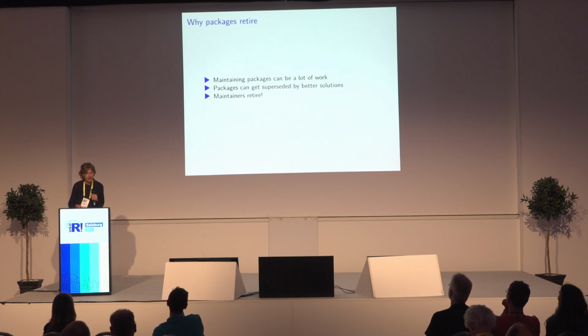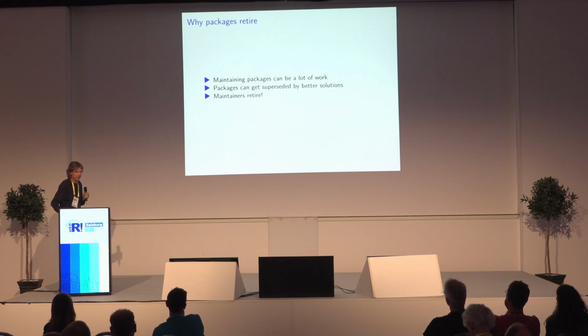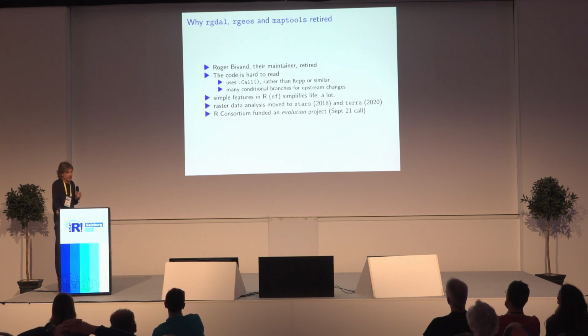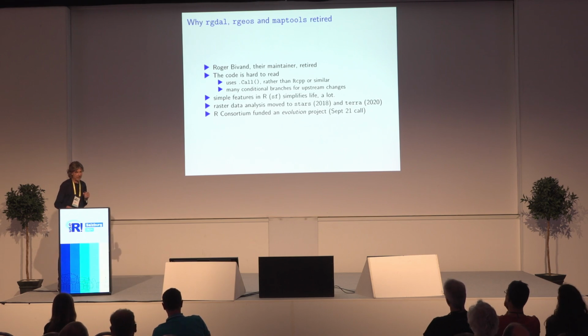So why we retire these packages is that it can be a lot of work to maintain them. Packages can get superseded by better solutions. At some stage you need to tell people you better use this than that. And maintainers retire. Roger Bivand retired a few years ago. The code in the RGDAL and RGEOS packages is really hard to read, so we cannot recommend to anyone to really start reading it.